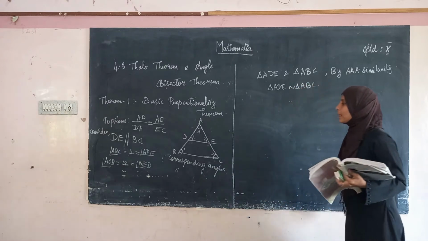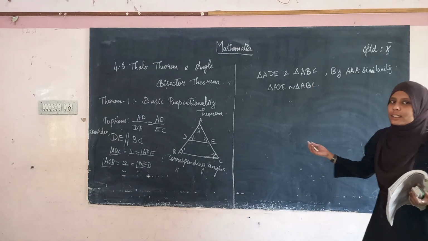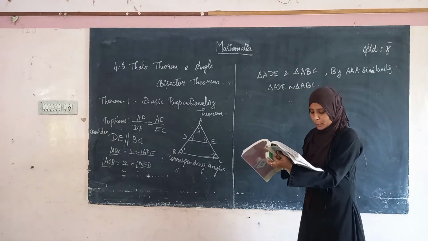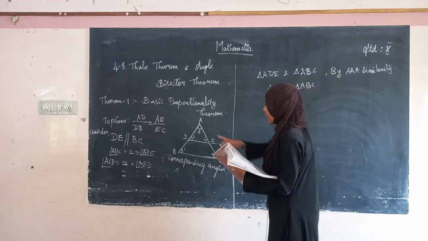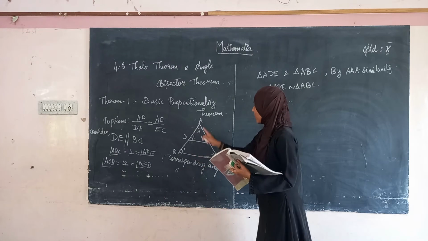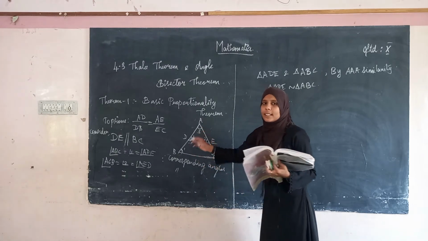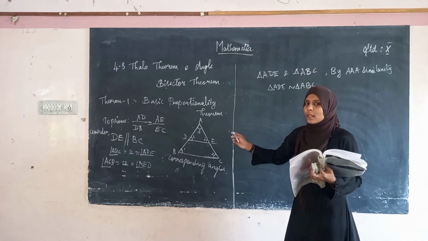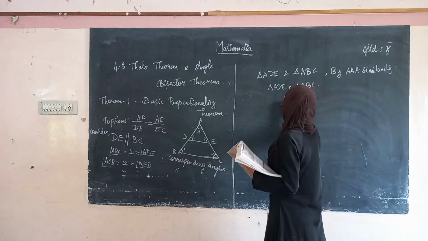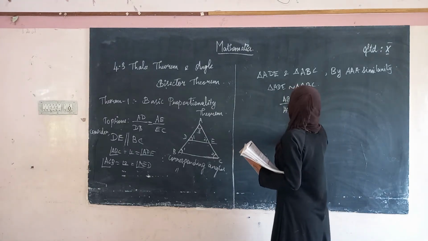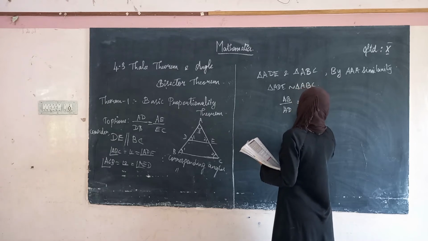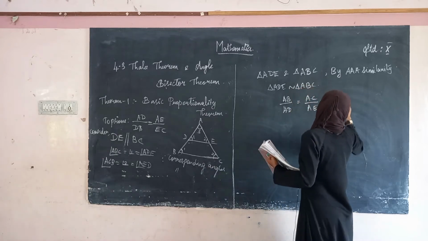If they are similar, their corresponding sides are proportional. Therefore, AB divided by AD is equal to AC divided by AE. You have to give the reason.